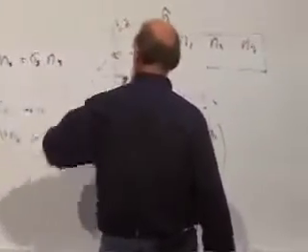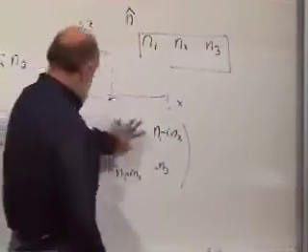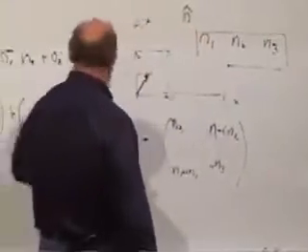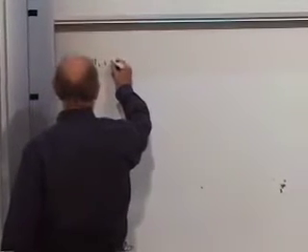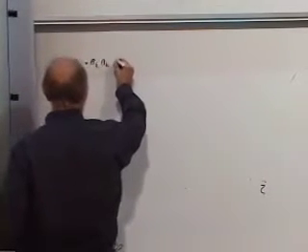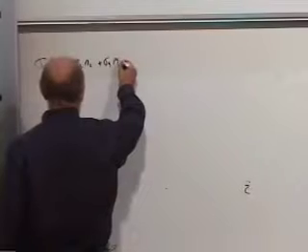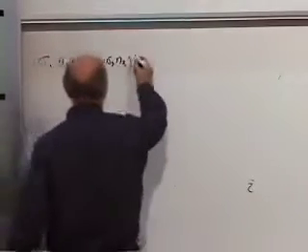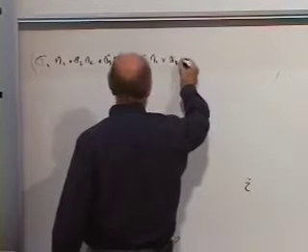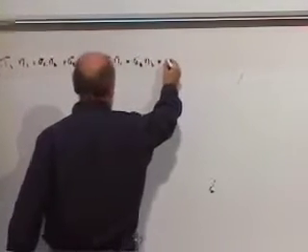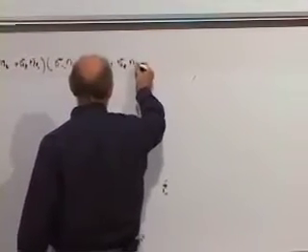Let's take sigma 1 n1 plus sigma 2 n2 plus sigma 3 n3. Leave it in this form and square it. What do we get? Well, let's write it out. Sigma 1 n1 plus sigma 2 n2 plus sigma 3 n3 times sigma 1 n1 plus sigma 2 n2 plus sigma 3 n3.